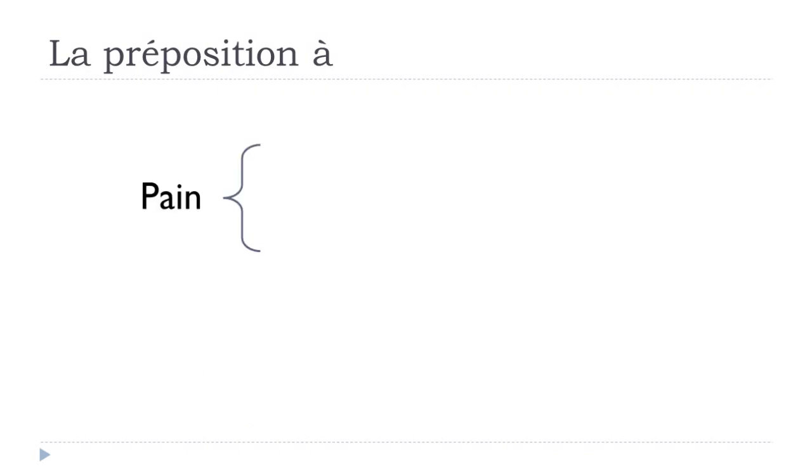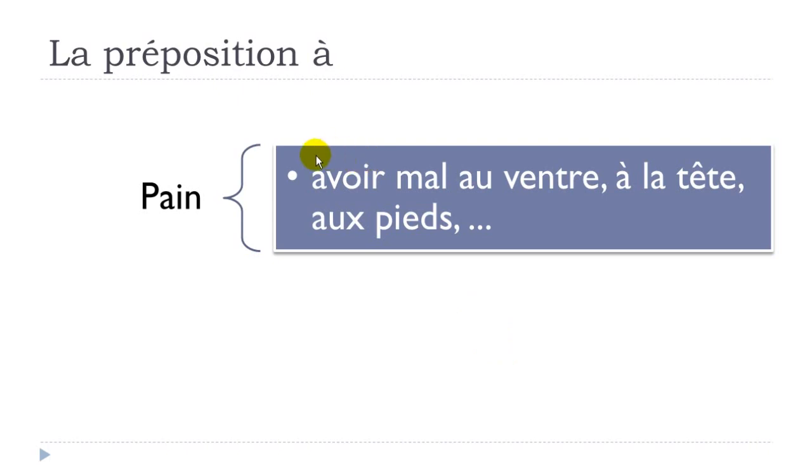The pain. Normally we've got this expression. So when you want to say that, well, you've got an ache, something somewhere in your body, so avoir mal and then à, all right? And then you will combine it with the article. So ventre would be like stomach, okay? So stomach ache would be avoir mal au ventre.